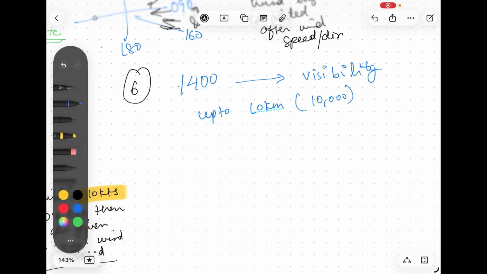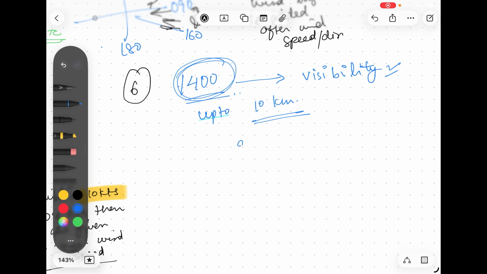Oh, sorry, yeah, meters. So these are in meters. This is 1400 meters. So it is denoted up to 10 kilometers in meters. Basically the only number you would see like that is the visibility, and the last number that you would see is 9999. That is it.